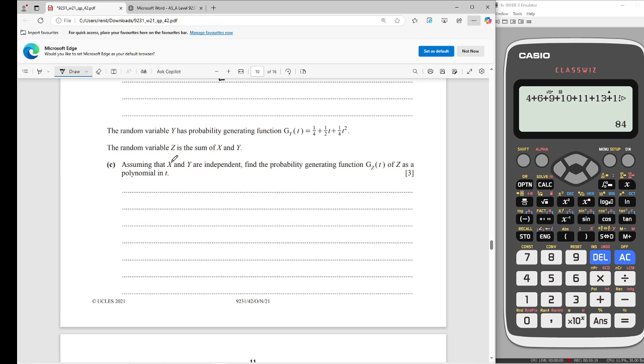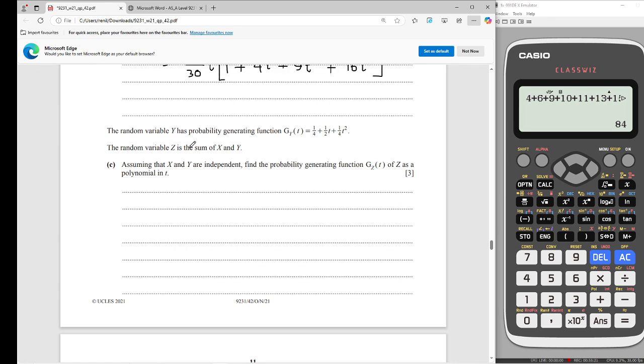Moving on, assuming that X and Y are independent, find the PGF of Z. Now what we can do with this is factorize G_Y(t) as 1 by 4. Put this in brackets: we have 1 plus 2t plus t squared.